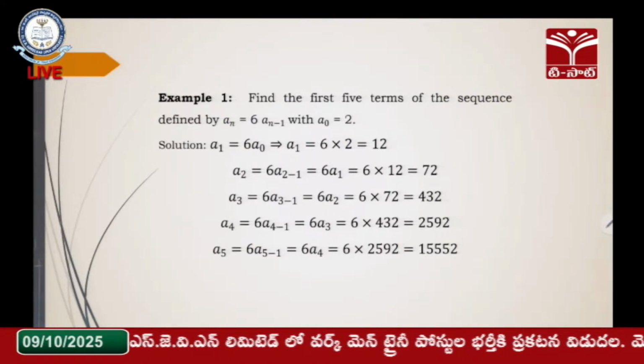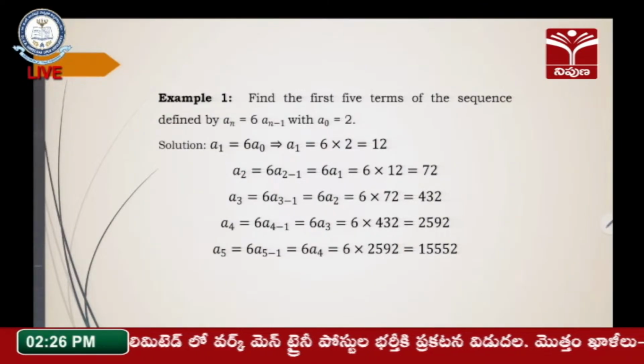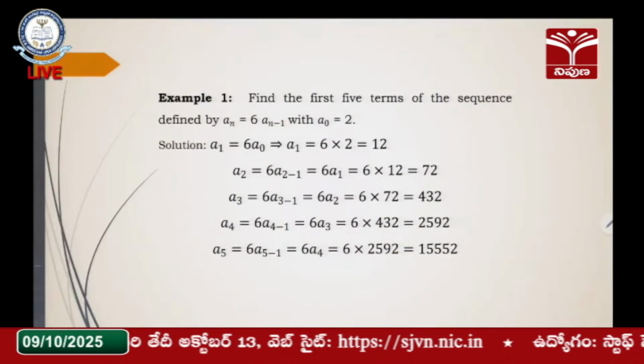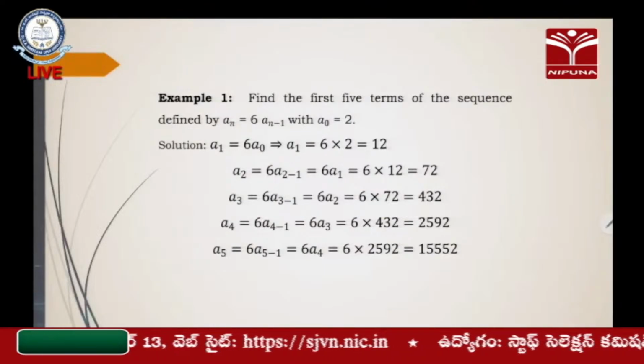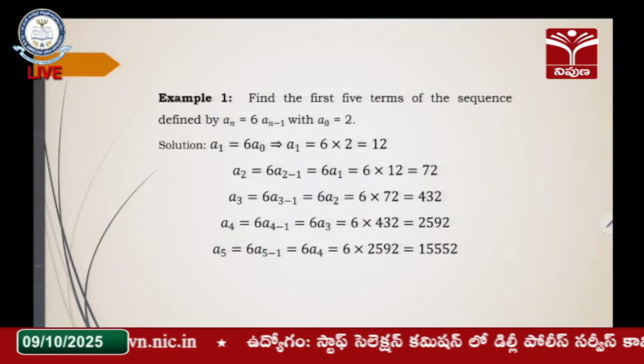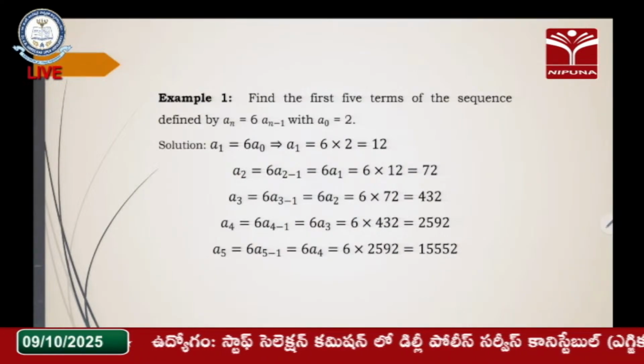As sir told before, we obtain the second term from the first term, the third term from the second term, like that. How do you find a_1? a_1 is equal to 6a_0. Given a_0 is 2, substitute this value. So, a_1 is equal to 6 times 2, which is 12.